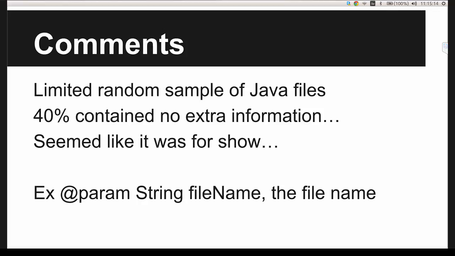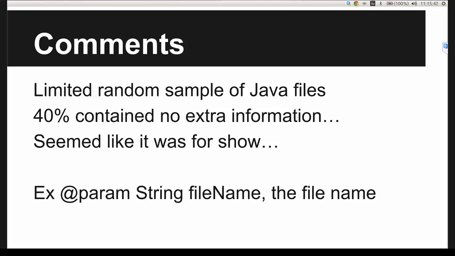I also had a master student who looked at some code for me, and he took a look at how programmers stored information in comments. And he did a limited random sample of Java files from GitHub, a random selection of these 56,000 projects.